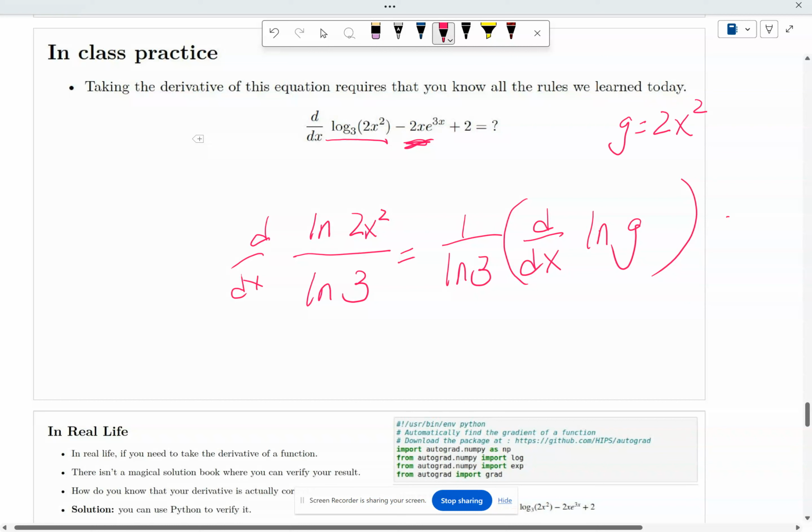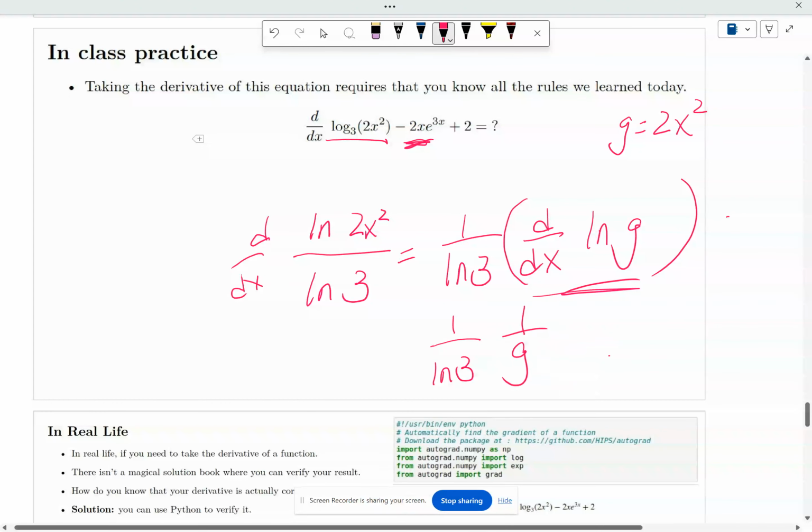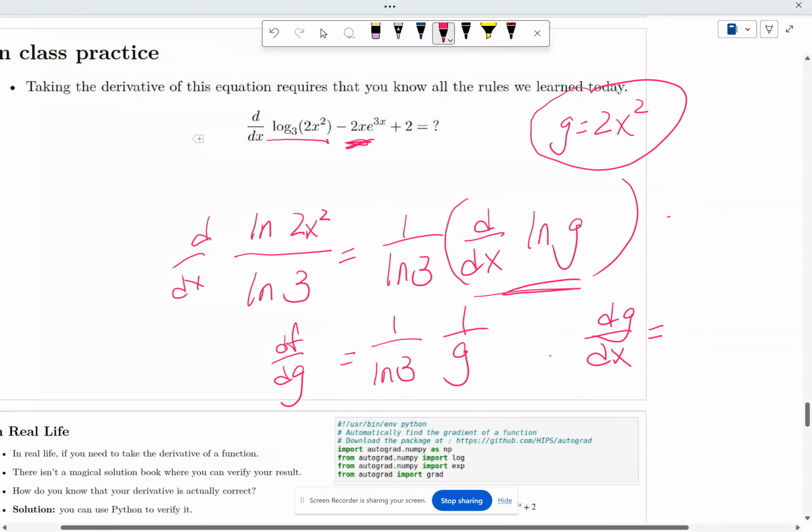Well, if that's the case, taking a derivative with respect to g is pretty easy. The derivative of log is just 1 over g. So this right here is df/dg. Now let's find dg/dx. dg/dx is therefore equal to, using the power rule, 4x.